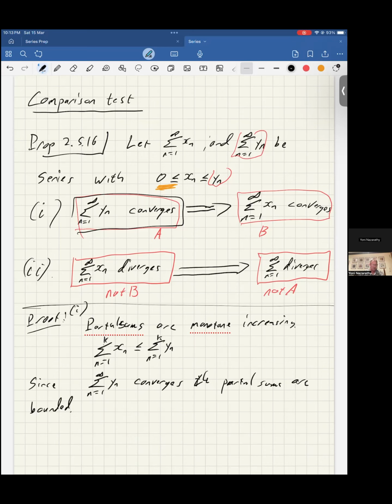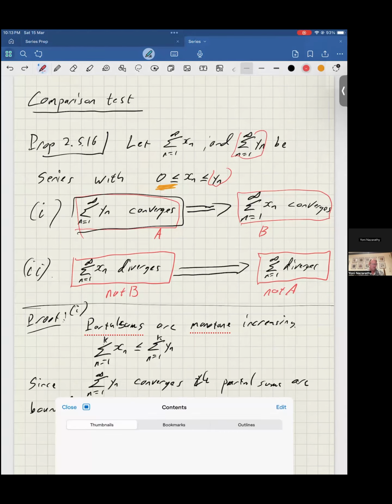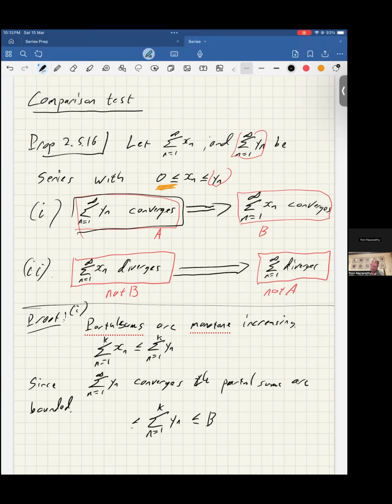So what we have is that the sum from n=1 to k of yn is less than b. If we speak about a bounded sequence, you'd like to put an absolute value, but we're speaking here about non-negative terms, so no need for the absolute value. And by what we had here already, that's greater than the sequence of partial sums of xn's.